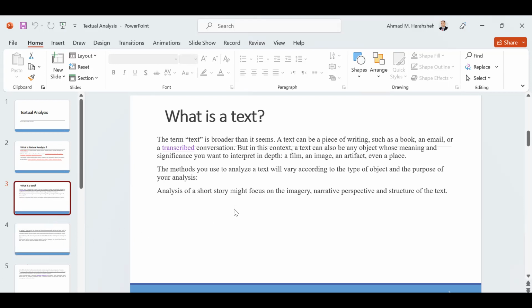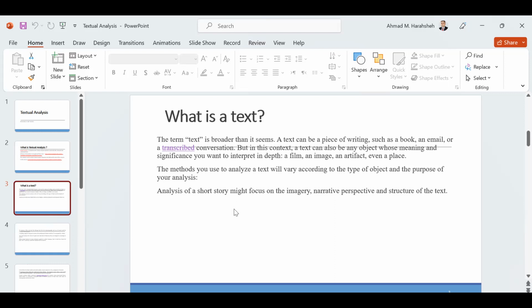Here, analysis of a short story might focus on the imagery, narrative perspective and structure of the text. Let's take a short story, for example, and start to analyze it. We should focus first of all on the characters, right?